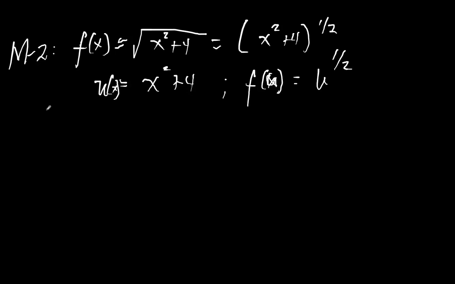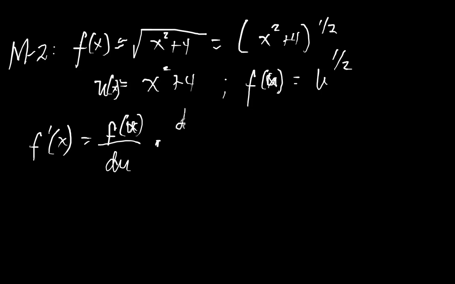And Leibniz said that you can solve for f prime of x by differentiating the function f in terms of u with respect to u, so that's df over du, and times the derivative of u in terms of x, so that's du over dx.